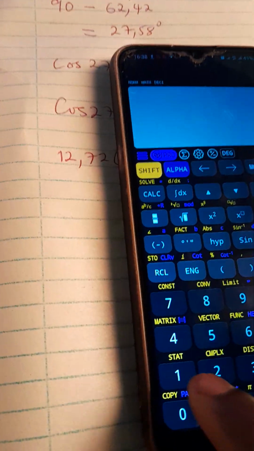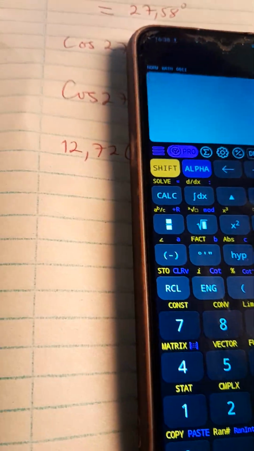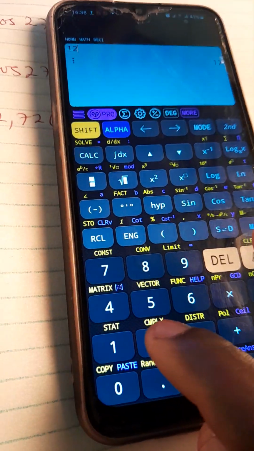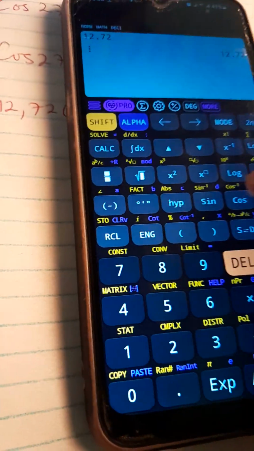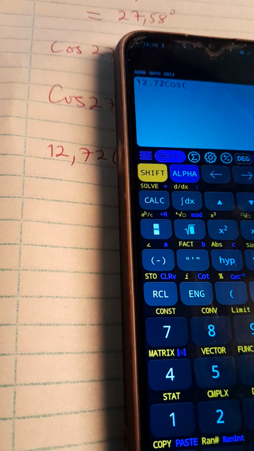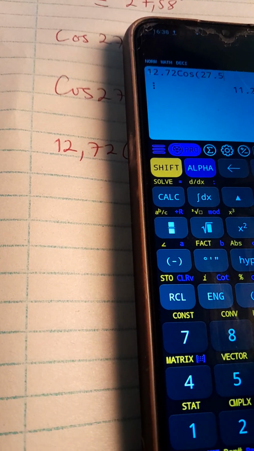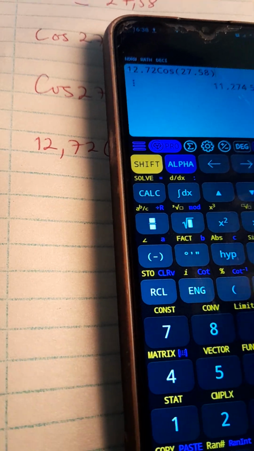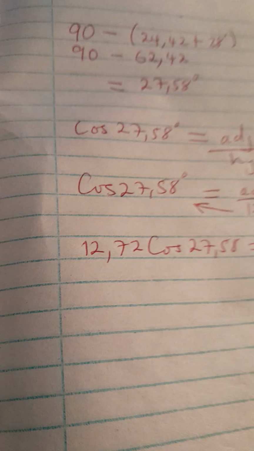We say 12.72 cos, make sure your calculator is in degrees, cos 27.58 degrees. Then your answer becomes 11.274, which you enter.